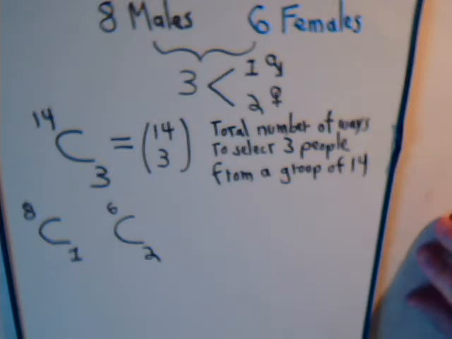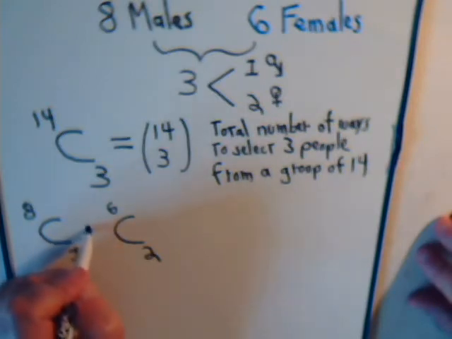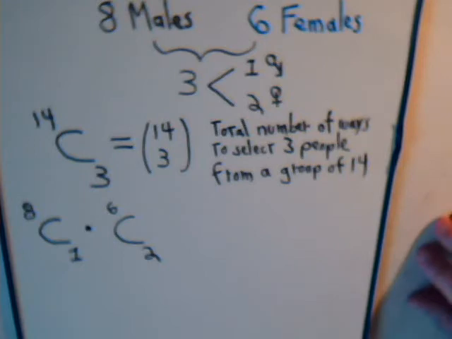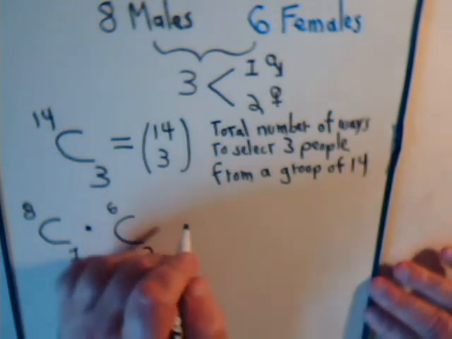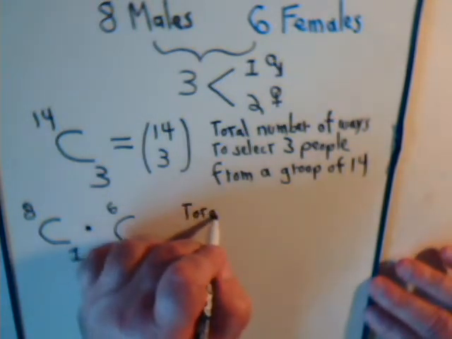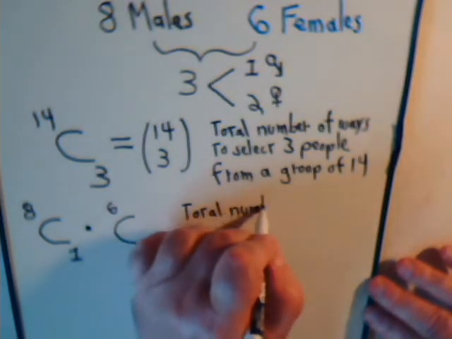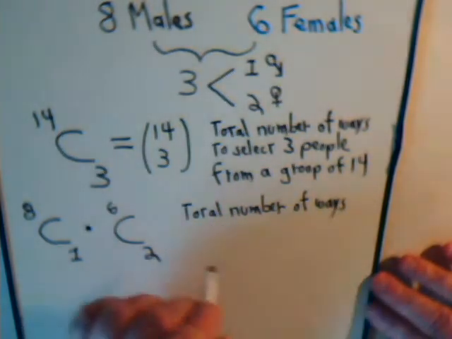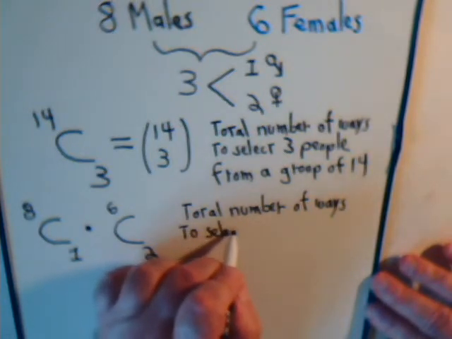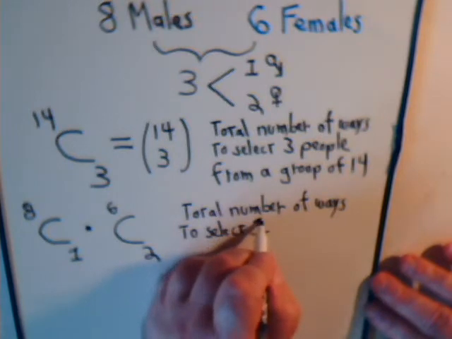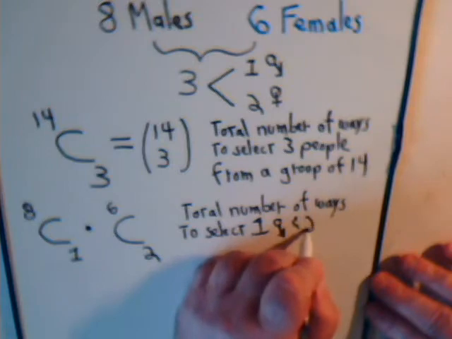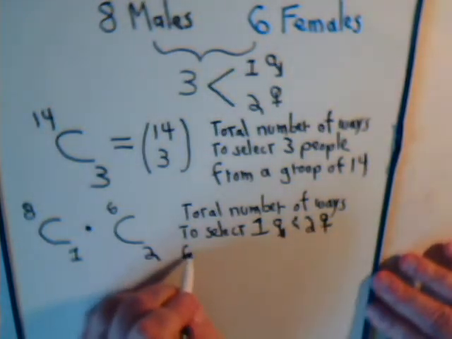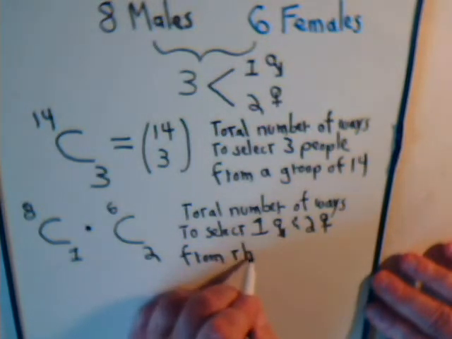Now, by the counting principle, if we multiply these 2 expressions together, this will give us the total number of ways to select 1 male and 2 females from the group of 14 people.